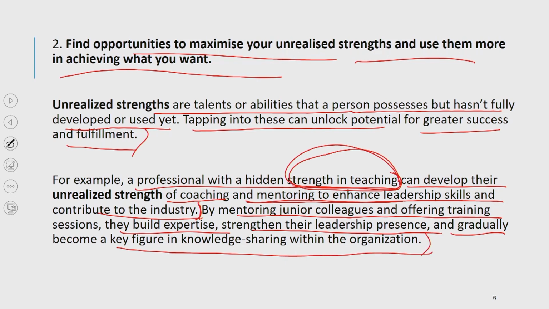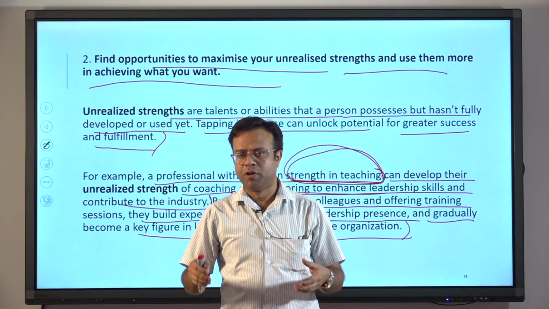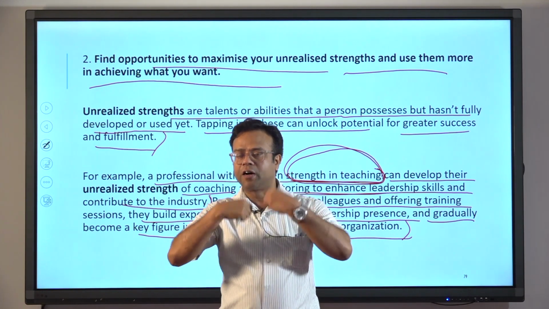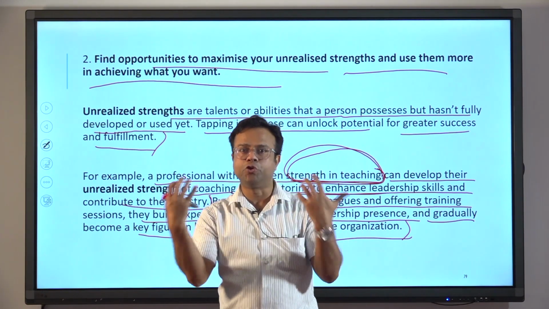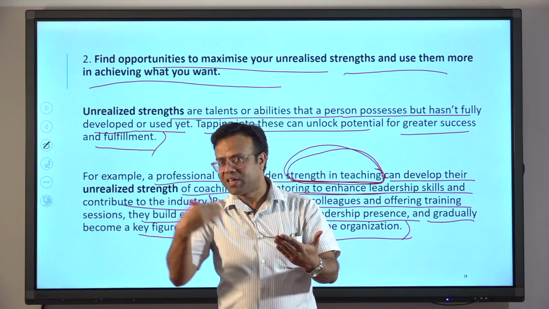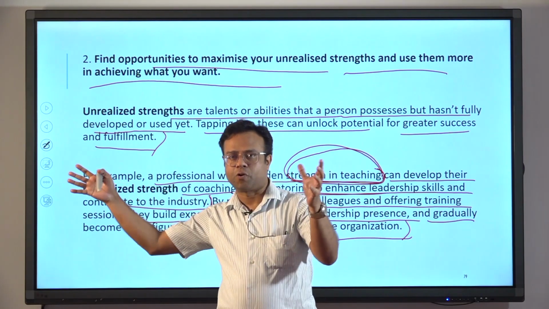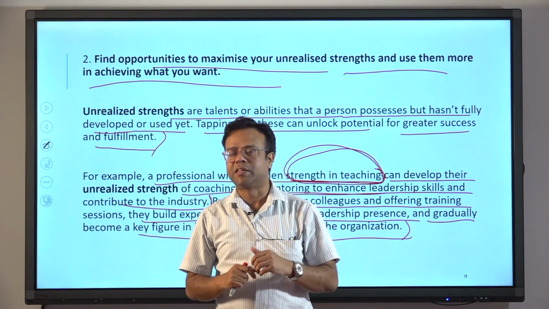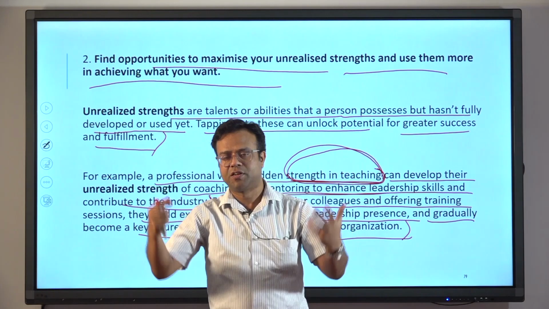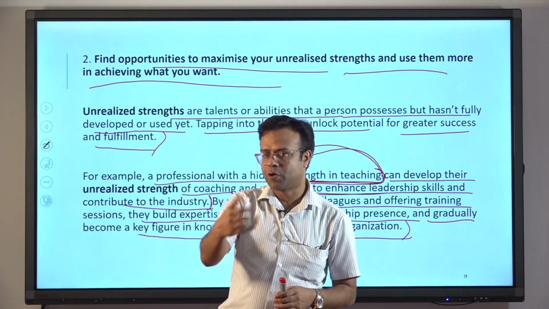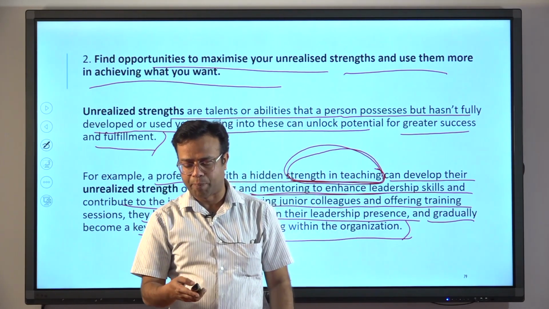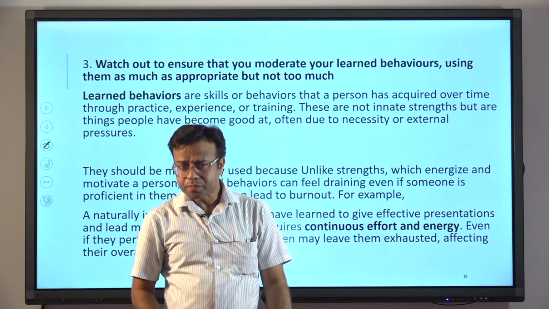They will expand their success and horizons. So this hidden or unrealized strength can be used. If they maximize its use, obviously it will expand their horizons, their skill level and their successes. This is how it can be used in terms of a practical example.